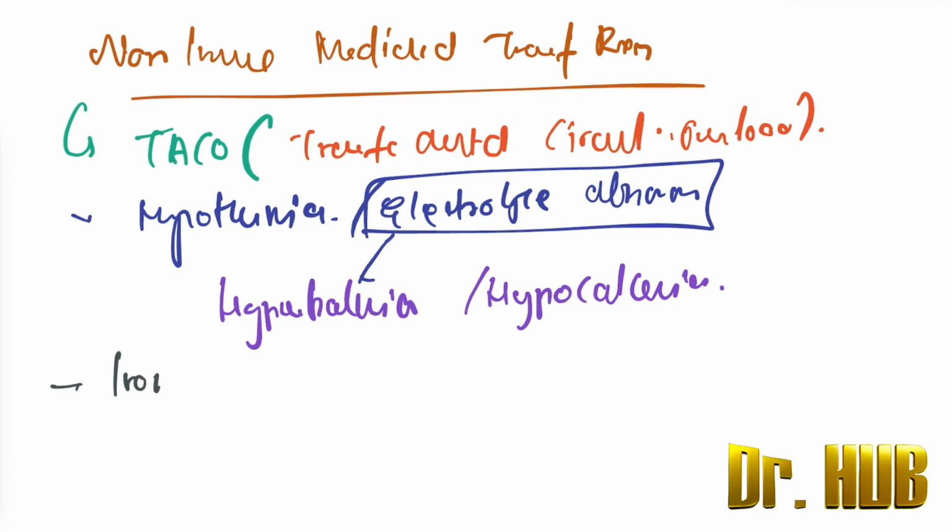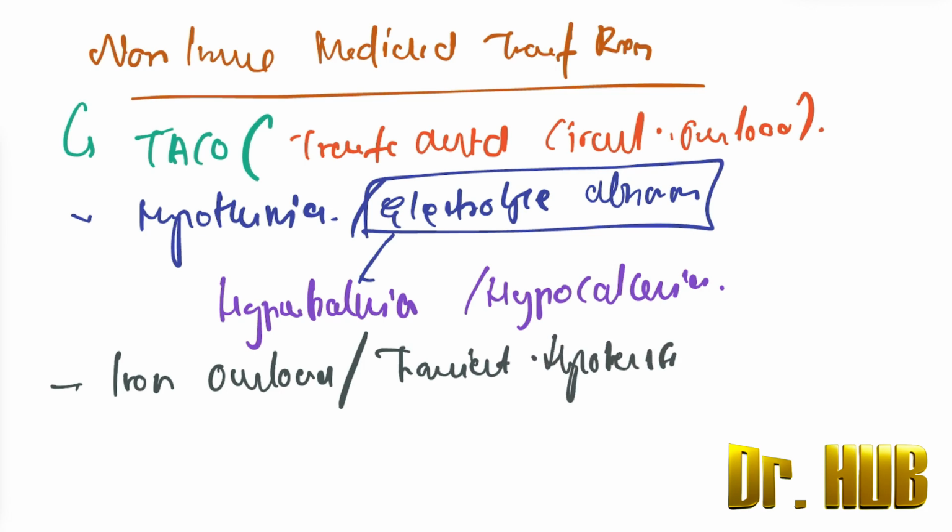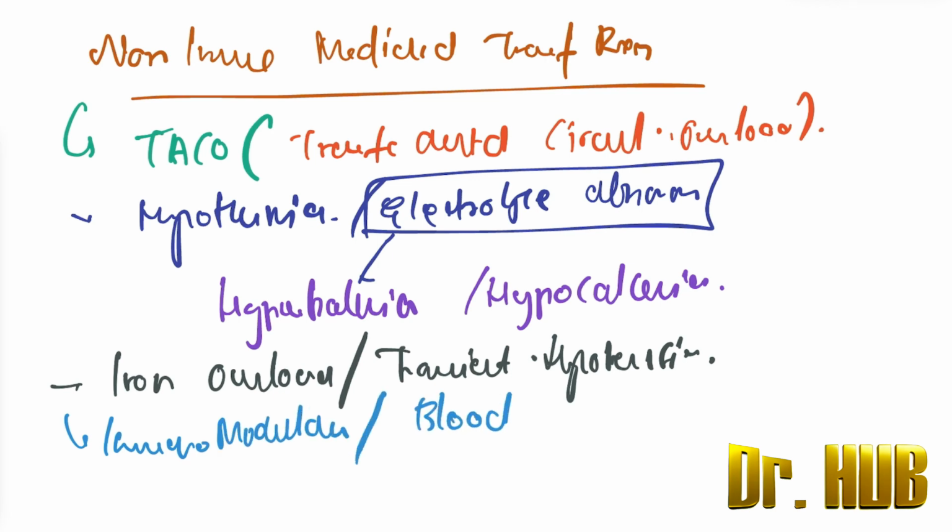Next, we also have iron overload and transient hypotension. Next comes immunomodulation as well as blood-borne infections.